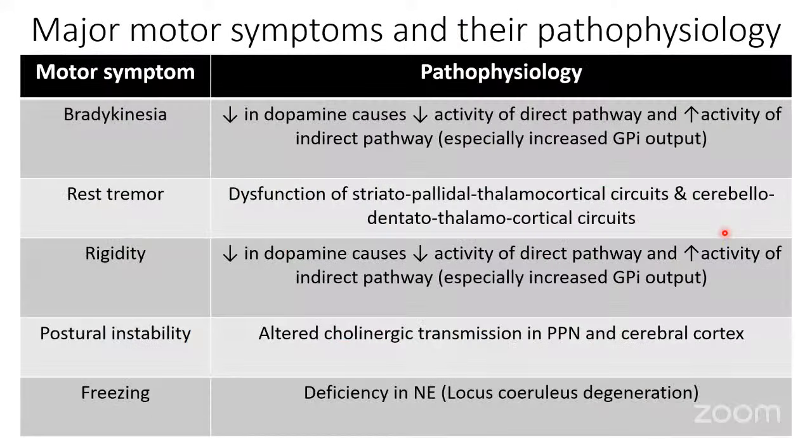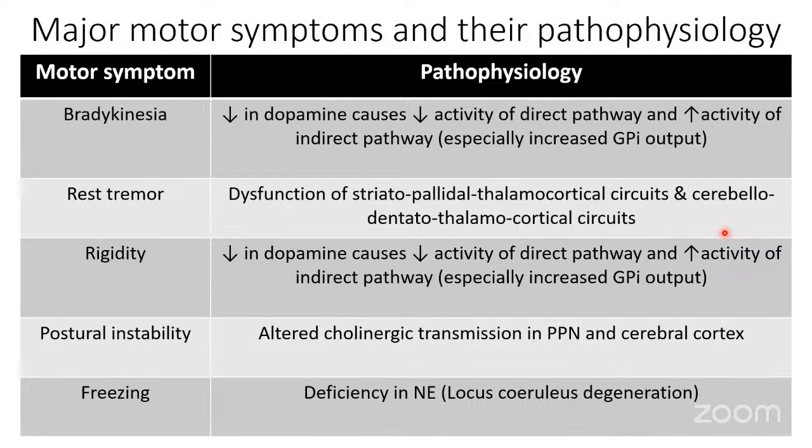So major motor symptoms and their pathophysiology. Bradykinesia is caused by a decrease in dopamine, which leads to decreased activity in the direct pathway and increased activity in the indirect pathway. Second is rest tremor, which is due to dysfunction of cerebello-dentothalamocortical circuits.